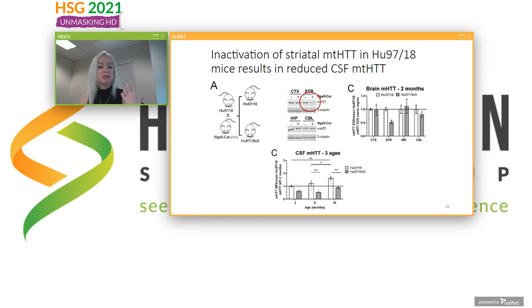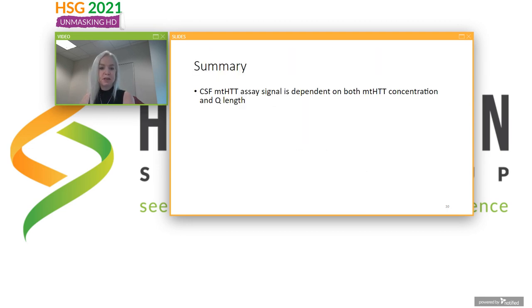It suggests that we can actually learn about the structures in the brain that we're interested in by measuring CSF mutant Huntingtin. So in summary, as Steve told us, the CSF mutant Huntingtin assay signal is going to be dependent both on mutant Huntingtin concentration and Q length. And as Doug told us, Q length cannot be easily corrected for. So this is going to complicate absolute quantitation.